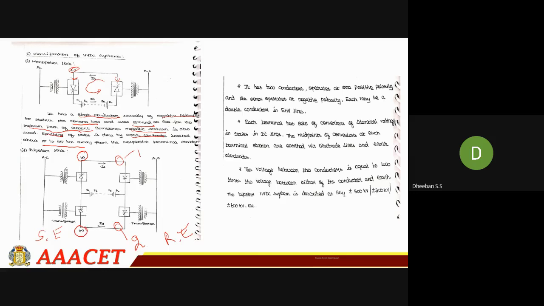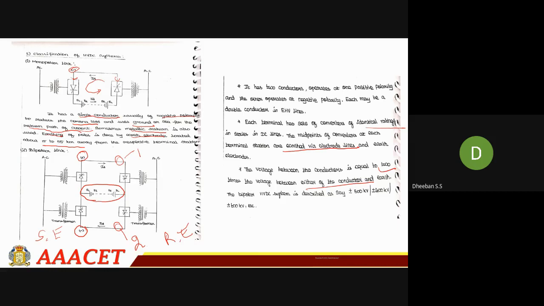Each terminal has sets of converters of identical ratings, so both are rated the same. The midpoints of the converters at each terminal station are earthed via electrode lines. The voltage between the conductors is twice the voltage between either conductor and earth.